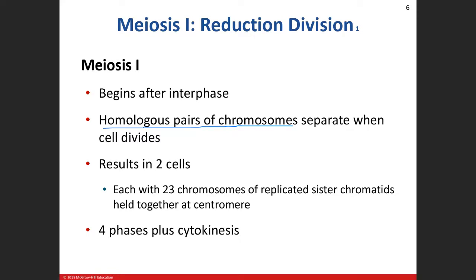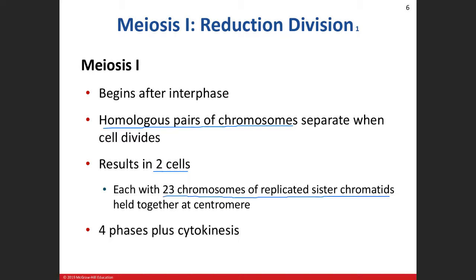Okay? So basically at the end of meiosis 1, we're going to separate homologous pairs of chromosomes. That means a pair from mom and a pair from dad. All right? And then we're going to result in 2 cells. And this means that each cell at the end of meiosis 1 is going to have 23 chromosomes of replicated sister chromatids.